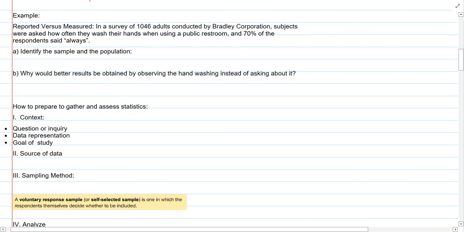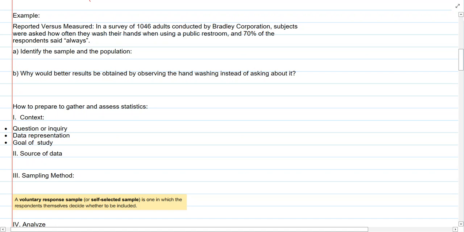So let's do an example. In doing examples, we can then determine if it is a population or a sample. There are some keys to this: reported versus measured. That's a context of what we're studying here.